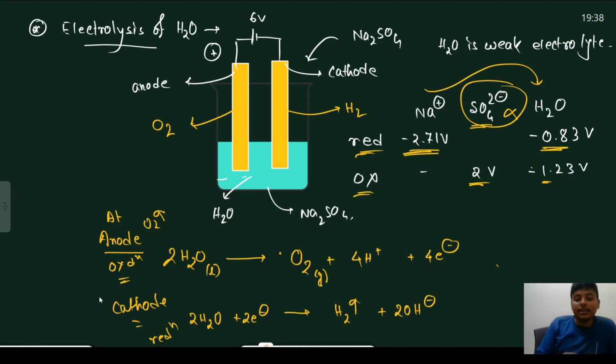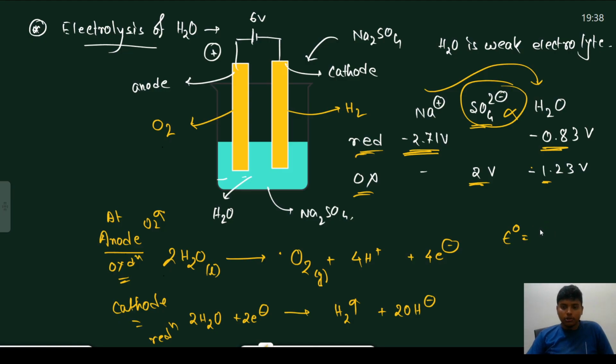Okay, overall cell. What is the overall E naught value for this cell, the electrolysis of water? Sorry, it is cathode minus anode.